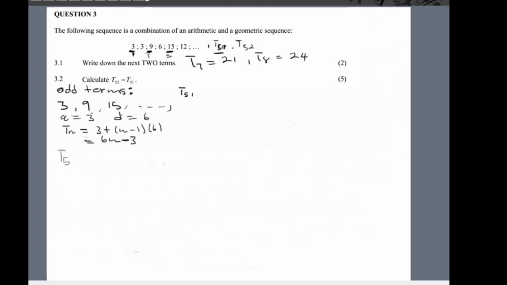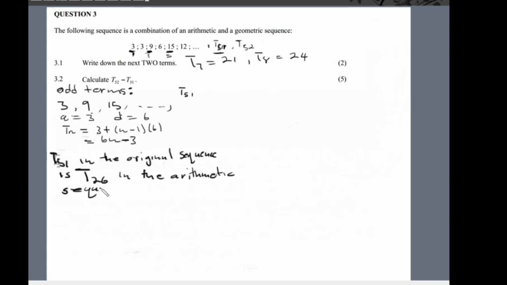So T51 in the original sequence is term 26 in the arithmetic sequence, right?